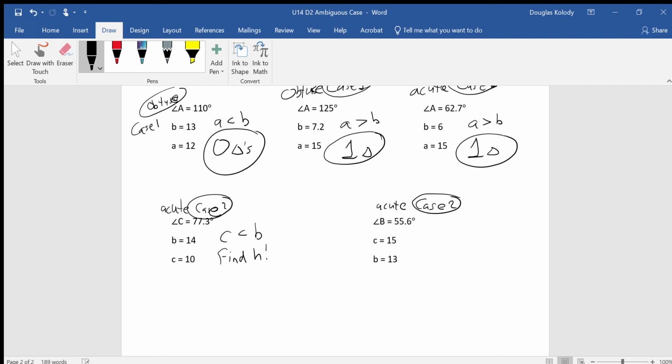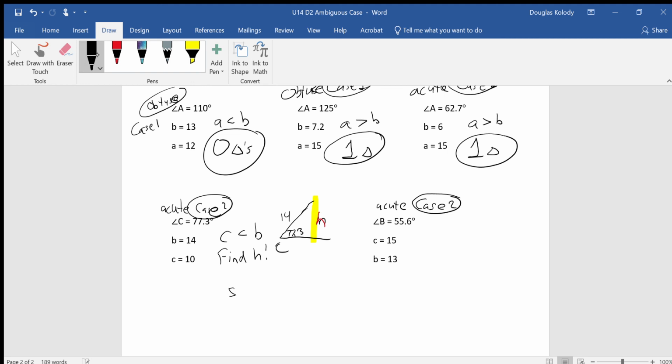If drawing a triangle helps you visually do it, draw yourself a triangle. This is 77.3, and side B is 14 right here. And then you could draw H. I always like to do H with a highlighter pen. There it is. So there's H. Oh, I promised I'd do it in red. Okay, so let's do the trig.